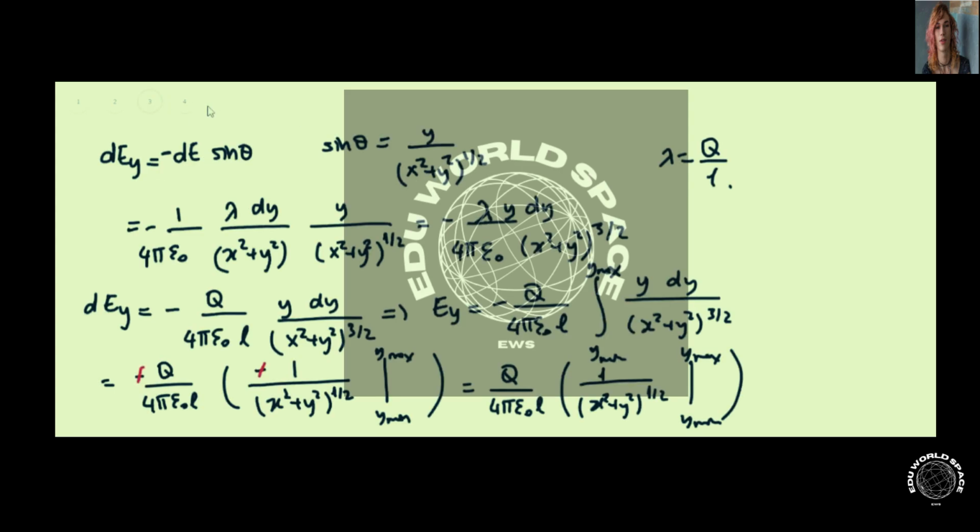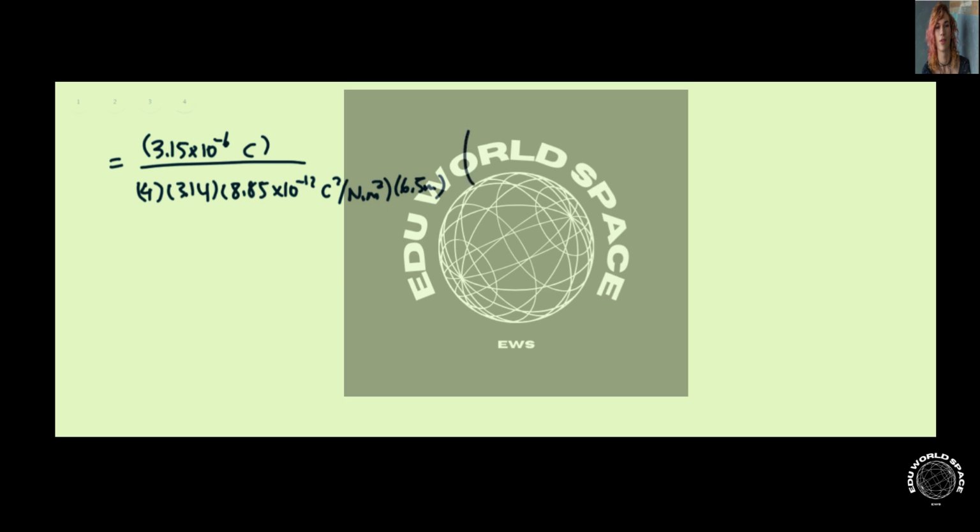And then we have 1 over the square root of 0.25 squared plus 2.5 squared, minus 1 over the square root of 0.25 squared plus negative 4 squared.